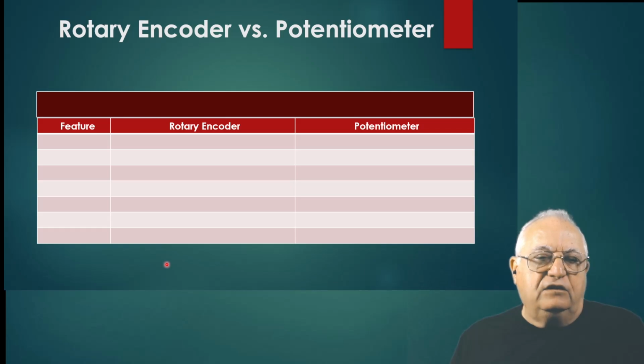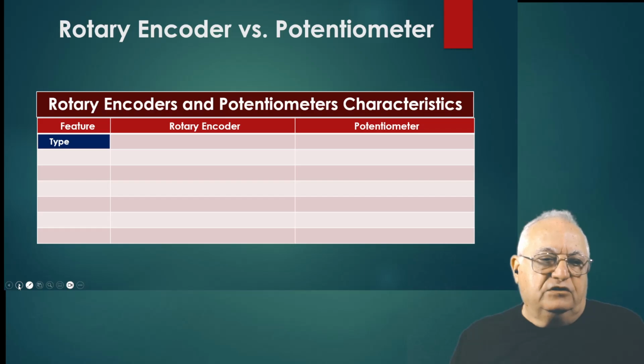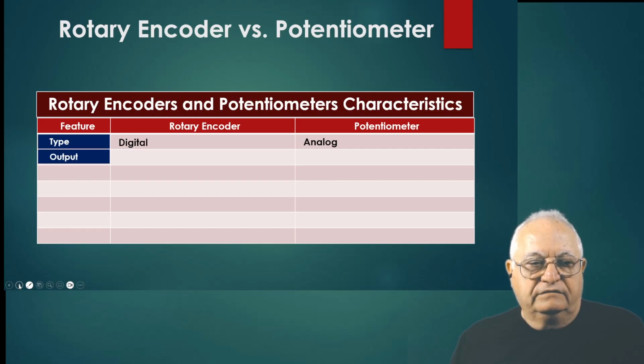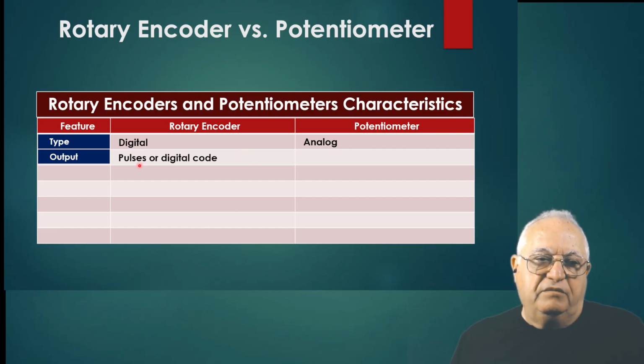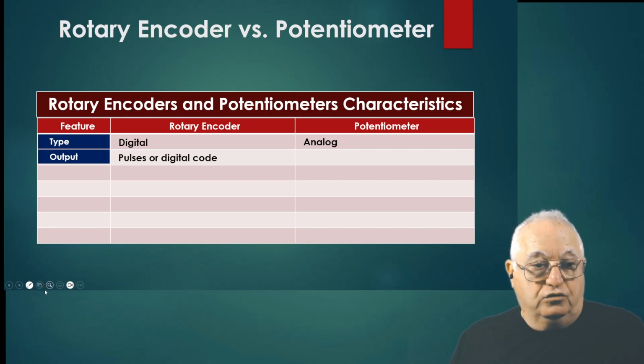So let's look at the differences. The rotary encoder is digital and the potentiometer is an analog device. The output for the rotary encoder is pulses or digital code. That means that I can hook up my rotary encoder to any port in the microcontroller.